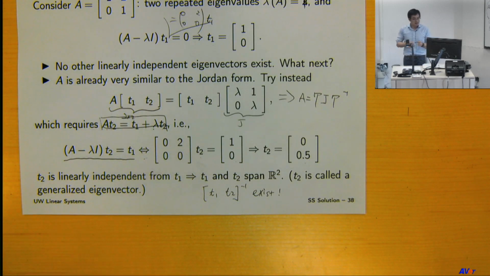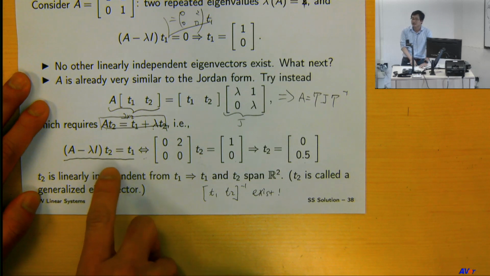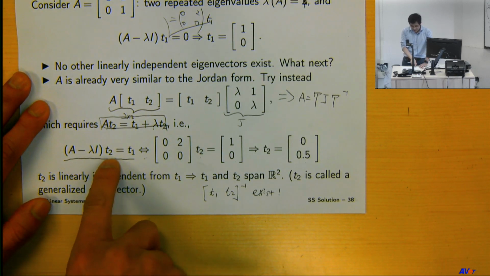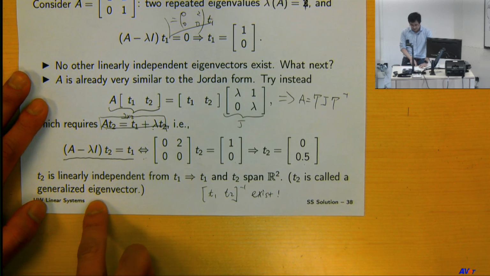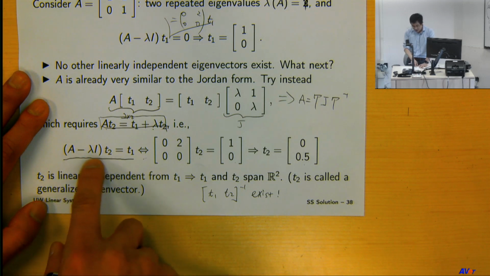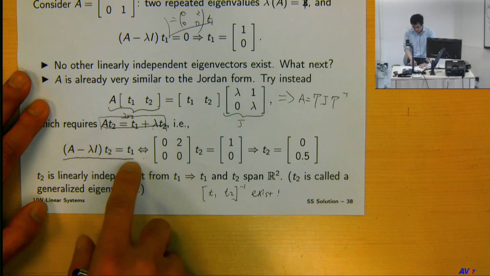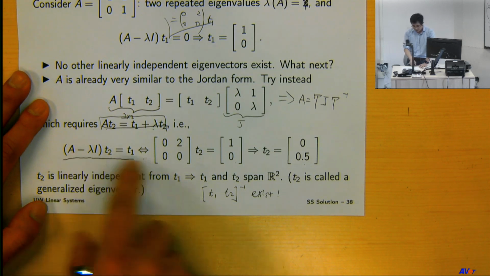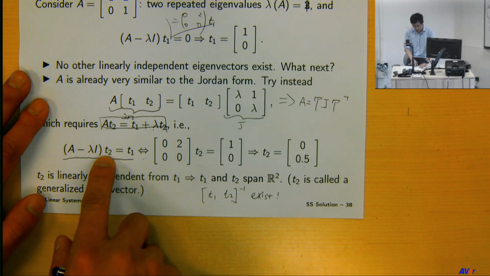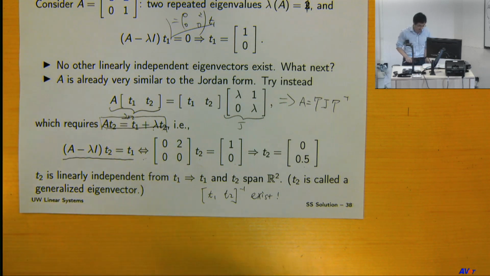So you see that T2 is related to T1, but it's not exactly computed in normal eigenvector computation. It is called a generalized eigenvector. So if you do anything that looks like this, A minus lambda I times T2 equal to the first eigenvector, which is the first eigenvector we obtained, and you generate a second vector out of this formula, then it's called a generalized eigenvector.